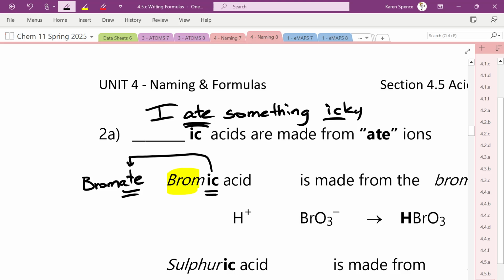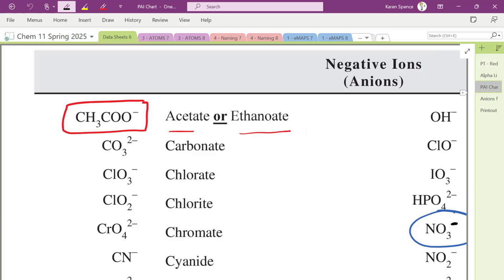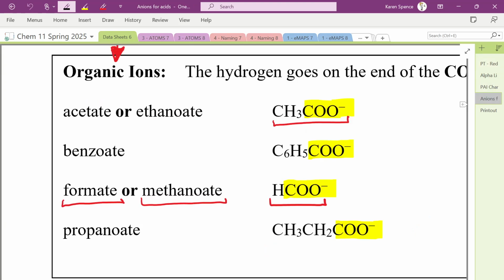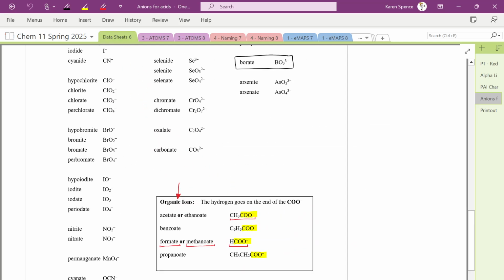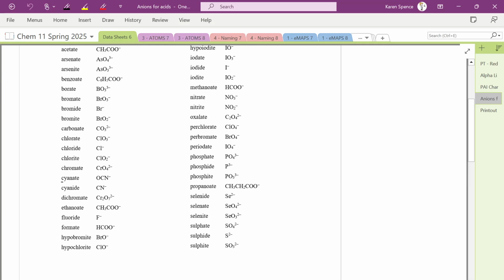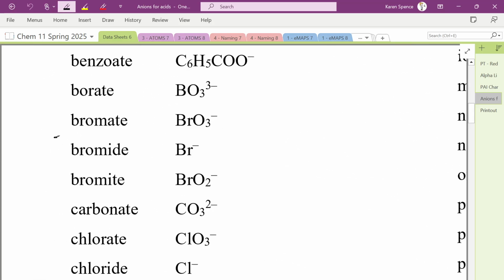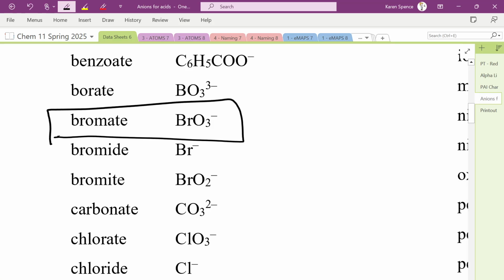Now, here's where you want to look. You want to go to your data sheet. We have anions, and we have a choice. Here they are arranged by charge. On the previous page, they are arranged by alphabet. So bromate is under B, and that is BrO3-.